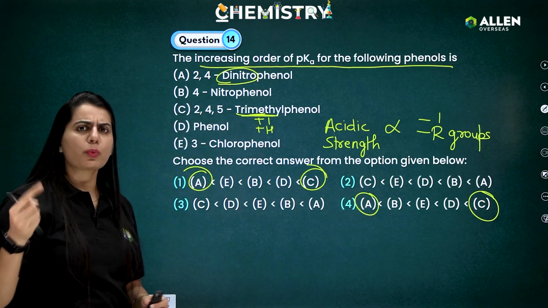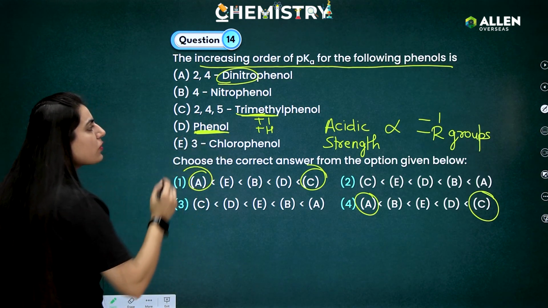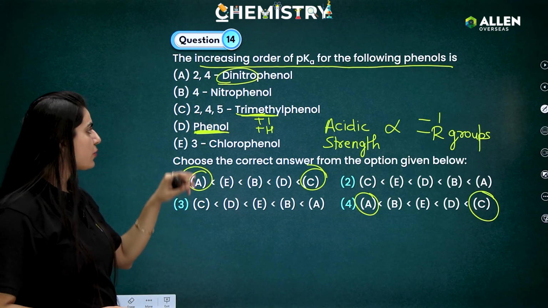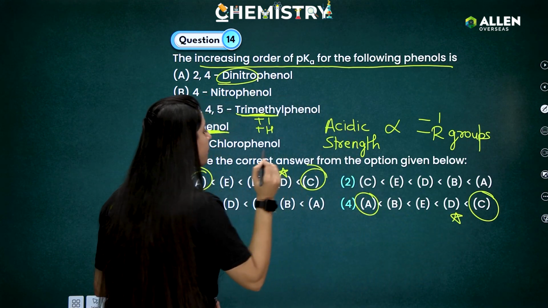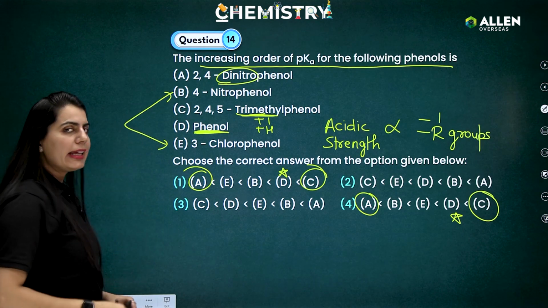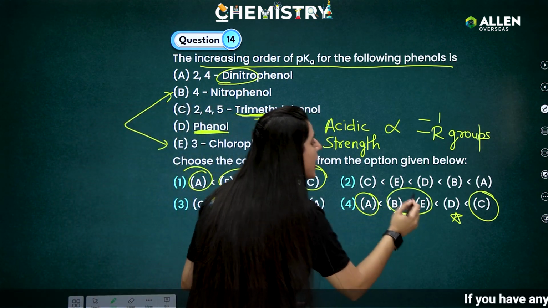So we need to check just one more. Here if I compare now, phenol does not have any supporter group. So second last in terms of acidic strength will be D, which is the case here also and here also. Now the next confusion which we have is between B and E. Here also B and E, here also B and E, that's your confusion.